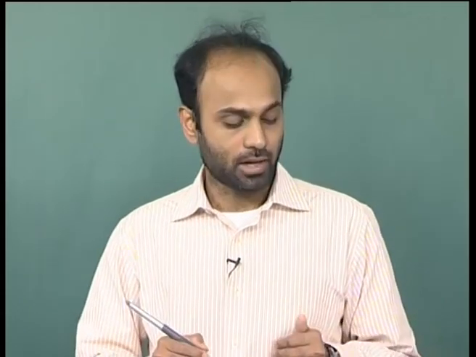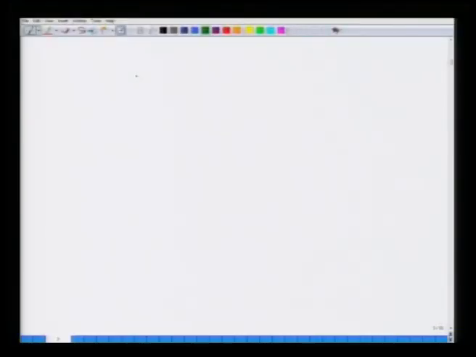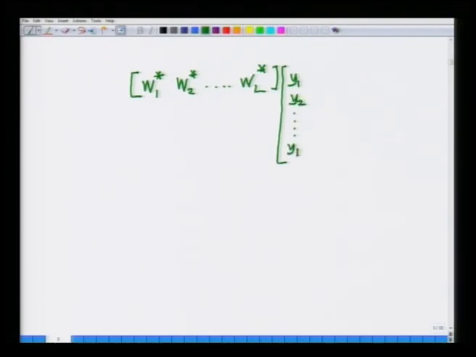Remember, the transmitted signal X is present in each one of these signal copies. Remember, these are signal copies, we are receiving L copies. So, we have to combine them to detect the transmitted signal X. That is the essential idea. So, we can represent this succinctly using vector notation as W1 conjugate, W2 conjugate, so on up to WL conjugate times y1, y2, so on up to yl.